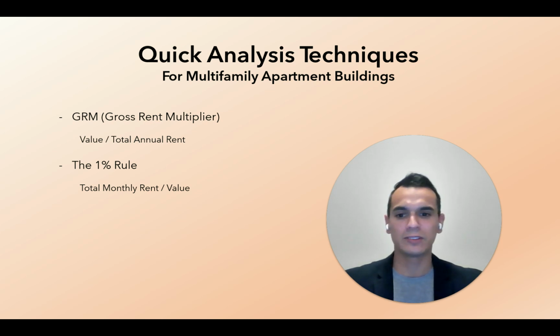So we have a total of $10,000 per month for the property. Now it's listed for $1 million. If we do the math, $10,000 divided by the value, which is 1 million, we get exactly 1%. Now that's not a coincidence. I made it to be that way.